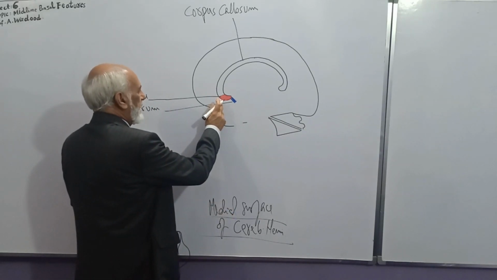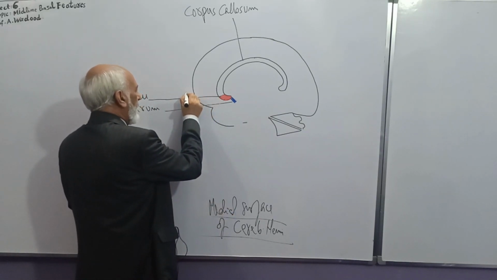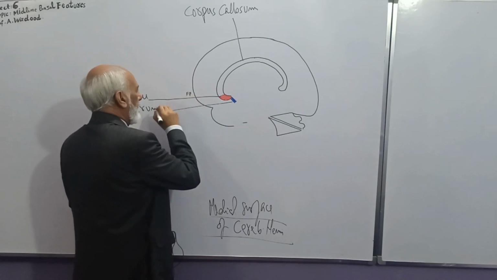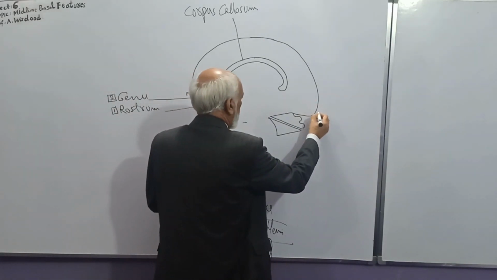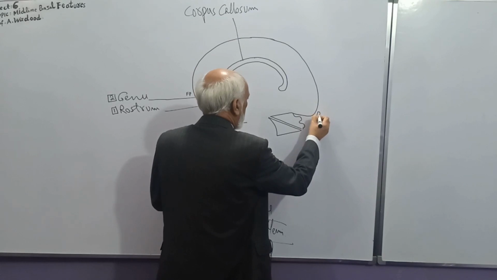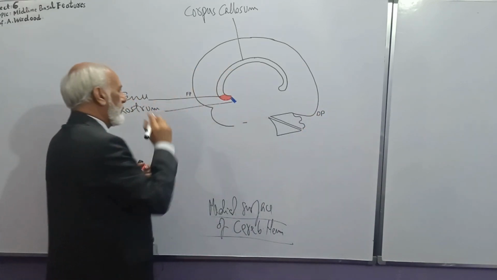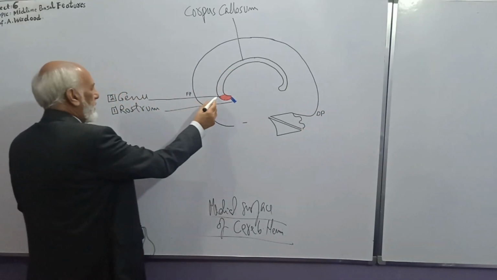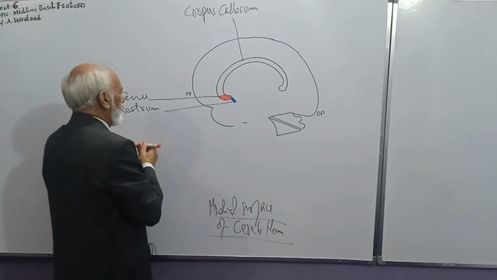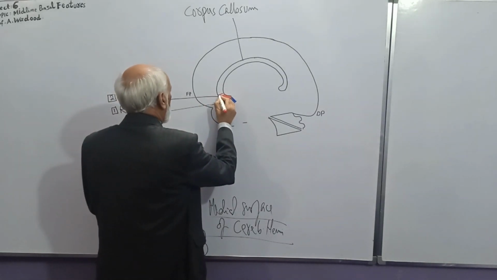This is the anterior end because this is the frontal pole, this is the posterior convexity of the cerebral hemisphere known as the occipital pole, and this is the temporal pole. So the anterior end is known as the genu of the corpus callosum.